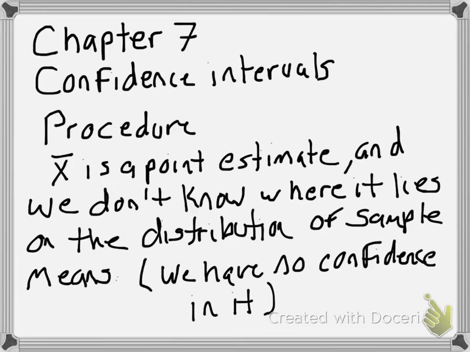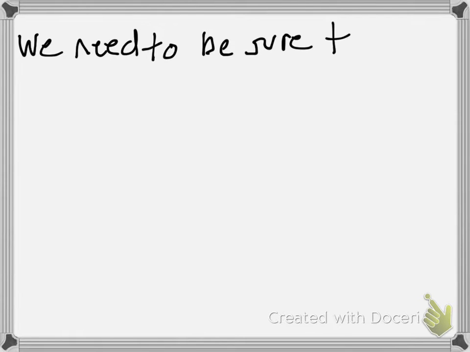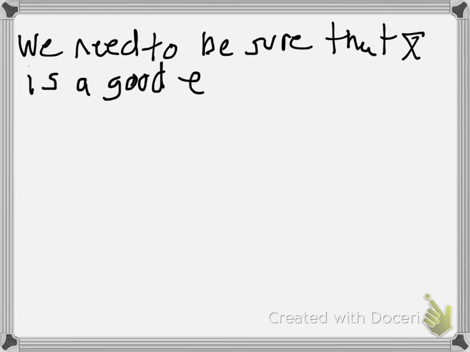What we want to do then is we need to make sure that x bar is a good estimator of the true population mean, or in other words, mu.